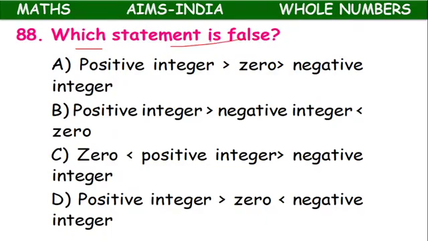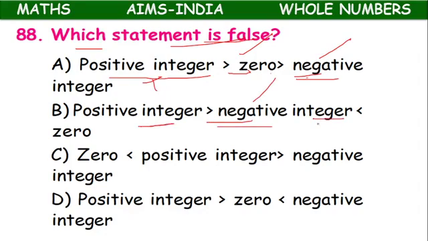Which statement is false? Positive integer greater than 0. Correct. 0 greater than negative integer. Correct. The option is true. Positive integer greater than negative integer. Correct. Negative integer less than 0. Correct. True option. 0 less than positive integer.